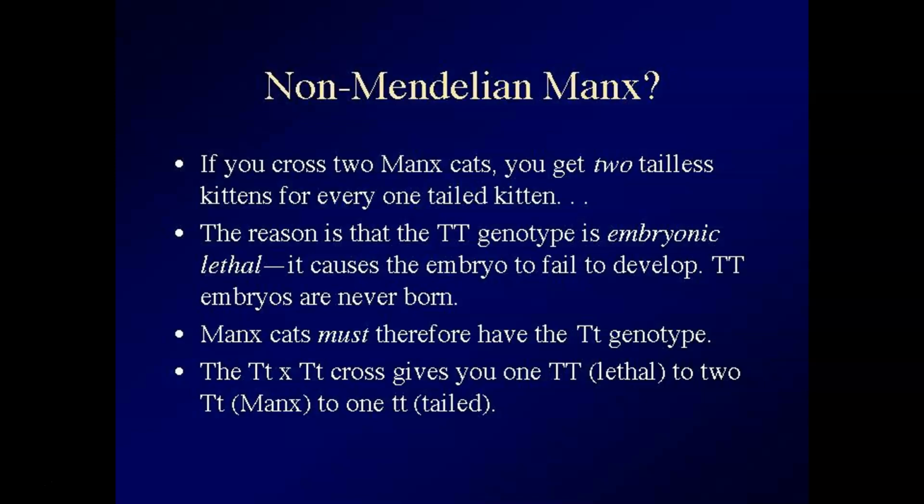It's never born. It doesn't exist. There is clearly something that is occurring in that particular gene scenario that prevents the offspring from ever fully developing. Maybe it has something to do with the production of the spinal cord being too short to be a viable offspring. I don't know.